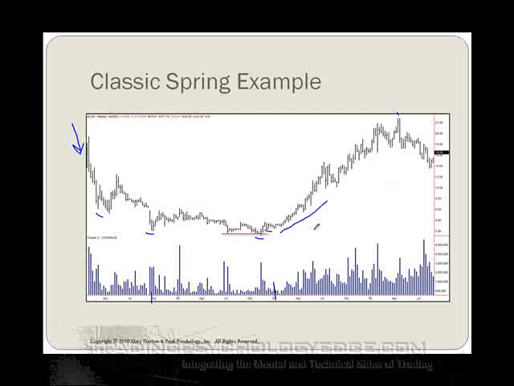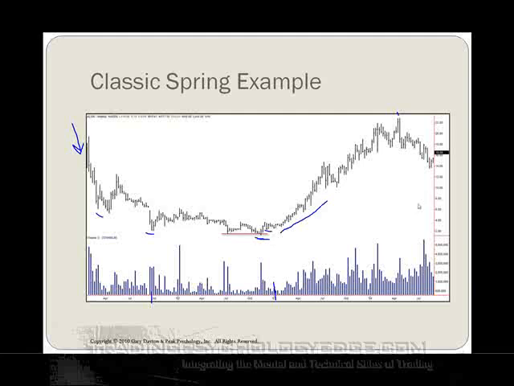So this is kind of a classic type of spring, where we see a long drawn-out trading range occur that gives larger operators the ability to acquire stock at low prices.